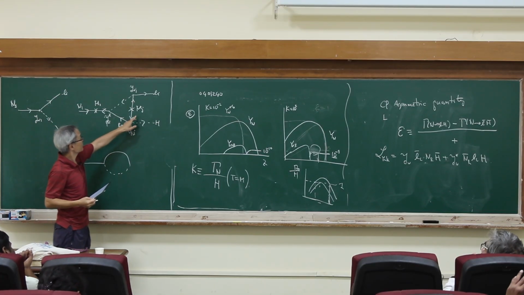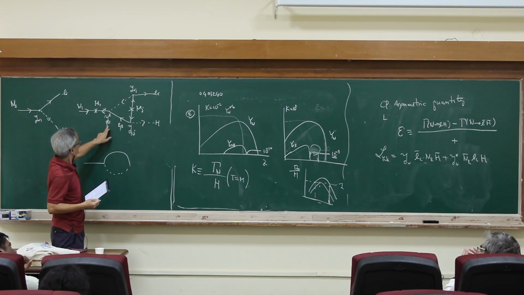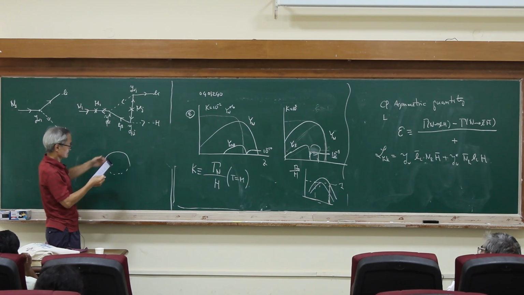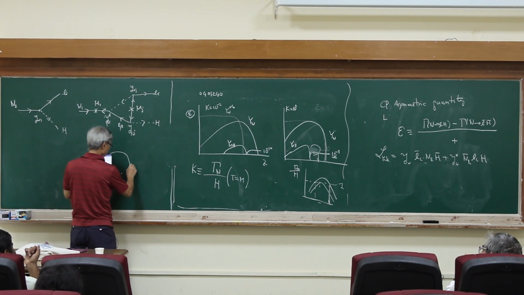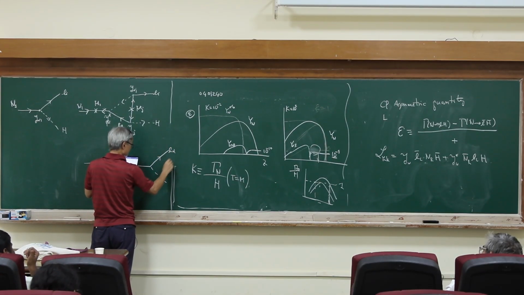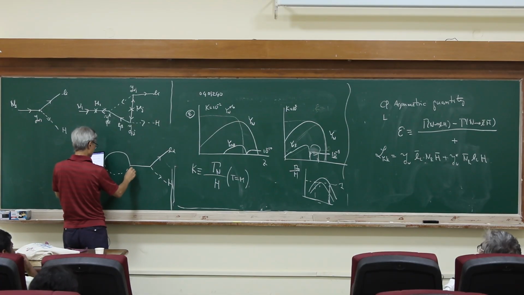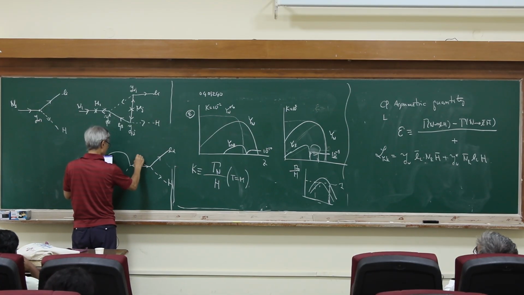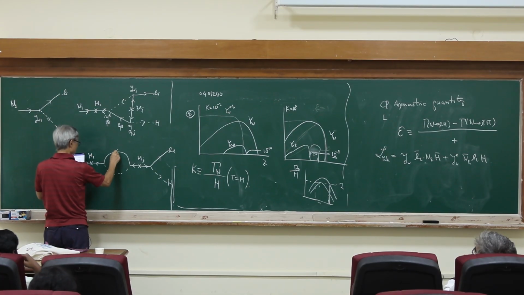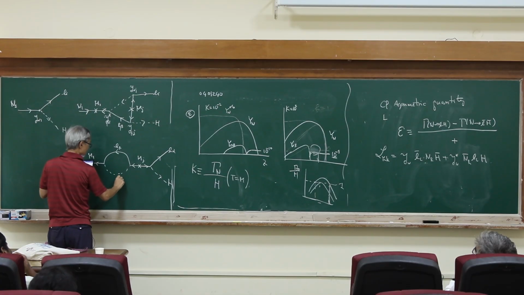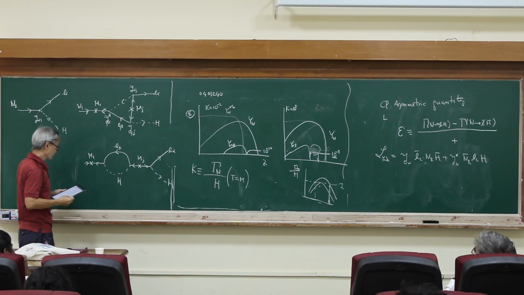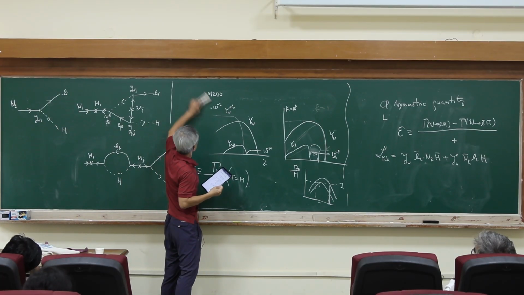So if you have only one flavor M1, you get, let's take it later. Again, in the same way, the coupling structure should be the same as the vertex diagram.